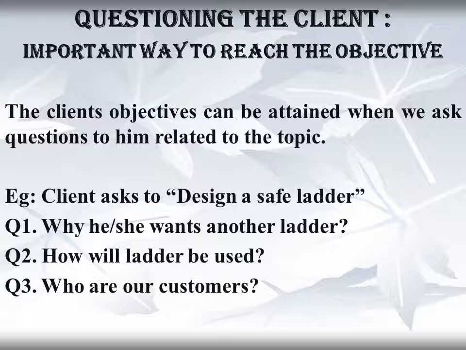For example, a client asks to design a safe ladder. If we ask certain questions such as why he or she wants another ladder, how will the ladder be used, who are our customers, these questions help us to formulate the objective.